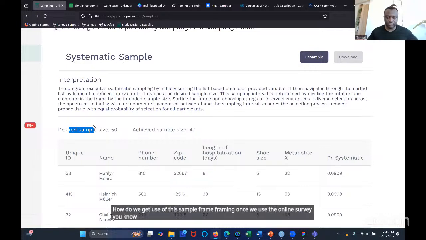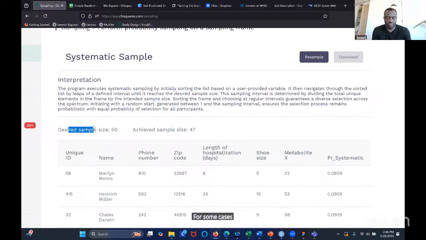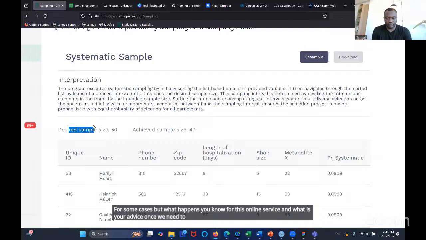Because we can have, for example, some limitation criteria for online surveys. Those who are outside the country cannot participate. It may be possible for some cases, but what happens for this online survey, and what is your advice once we need to use an online survey? And the last question is, for this kind of sampling you are showing us, we had, I think, a sample data set of 516, but we choose only 50.